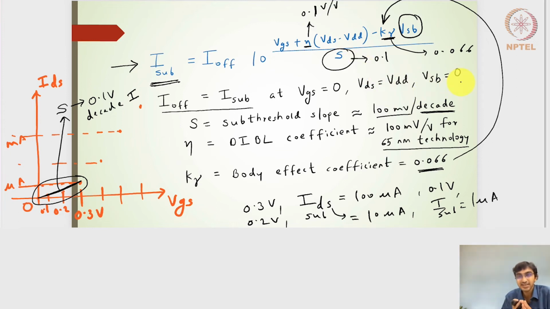So basically, in an ideal transistor where the drain to source potential is VDD, there is no body effect so VSB is 0, and at the gate side there is 0 volts, then whatever current I get, that particular current is the I sub, the subthreshold leakage current. That is nothing but I off. So this term is nothing but the subthreshold leakage current when the transistor is completely off.